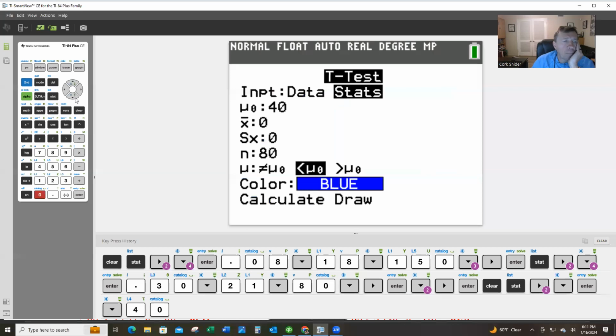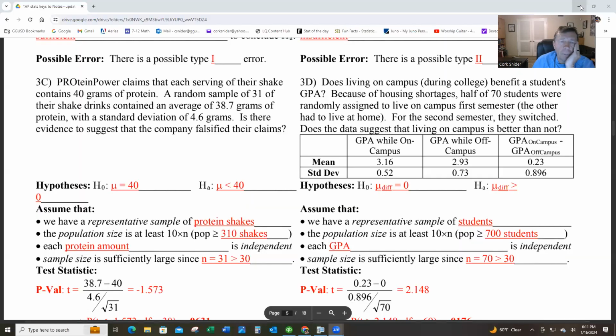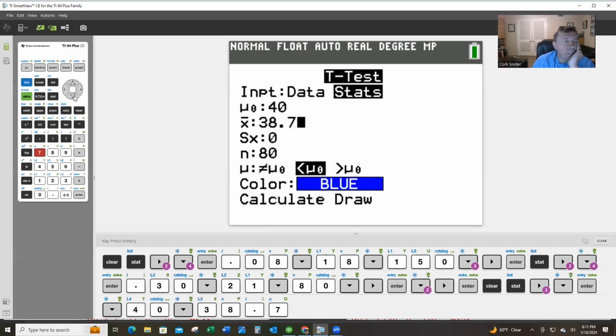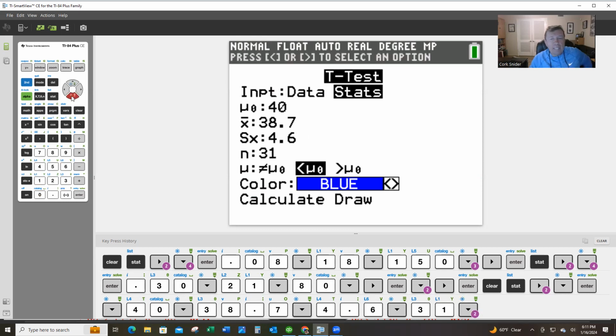X bar was 38.7, standard deviation was 4.6, and it was 31 samples. And we're thinking it's less than. That's why the alternative claim is less.